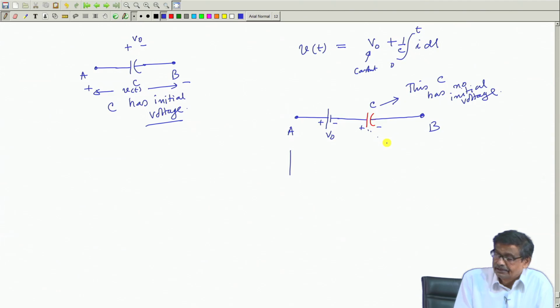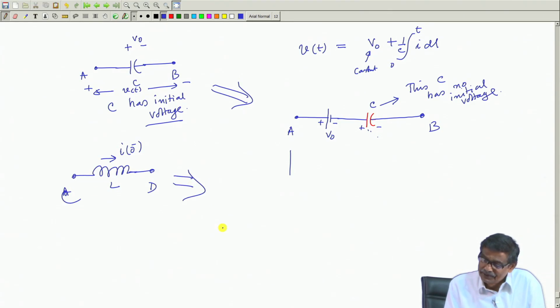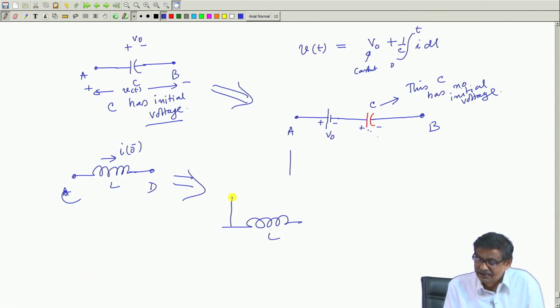So, to summarize this, this is the thing for capacitor, and for an inductor L with initial current I0 minus and these two terminals, suppose C D. This is equivalent to an inductor with no initial current and in parallel, this initial current is shown as a source and you can solve.